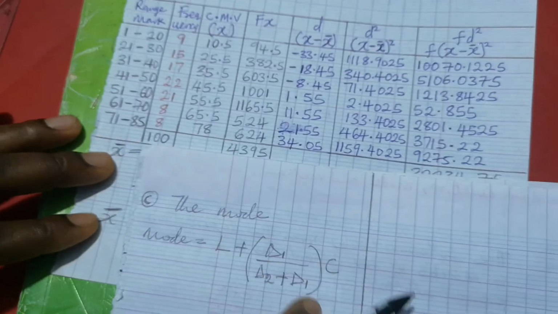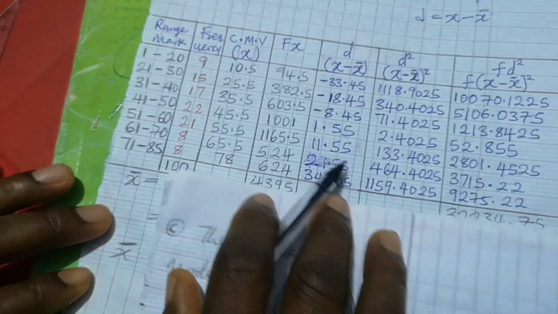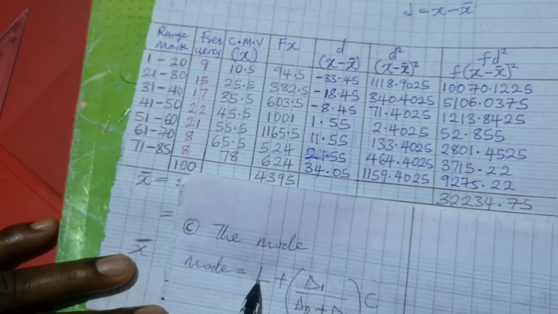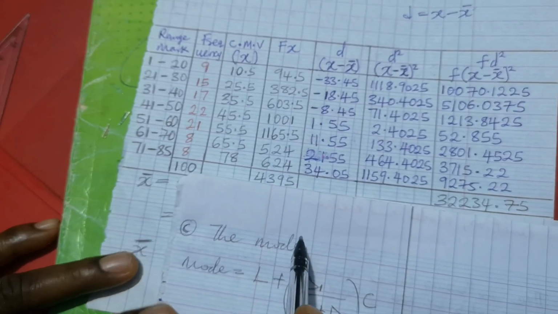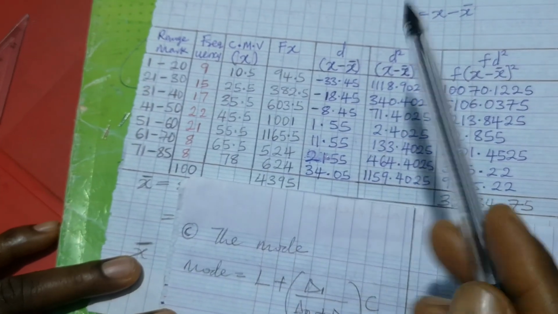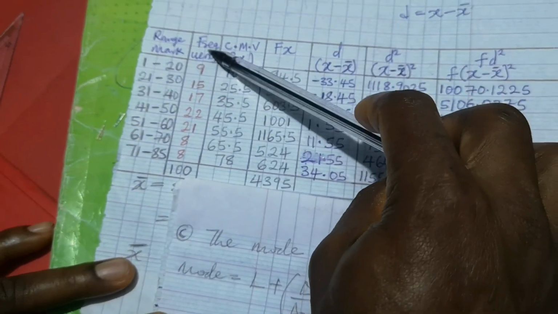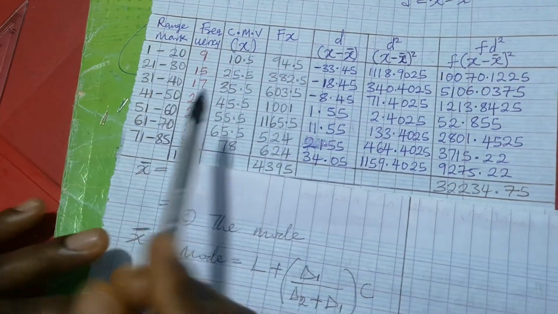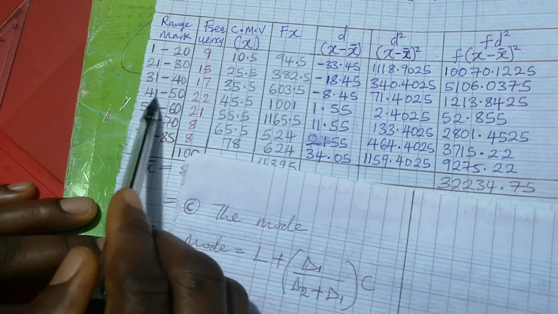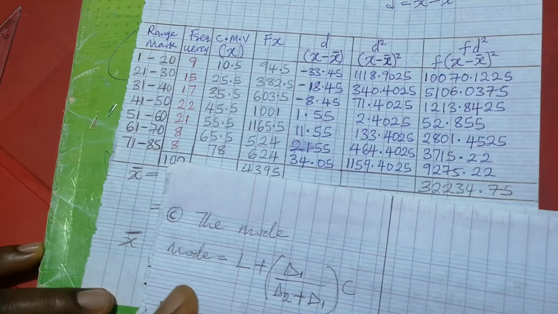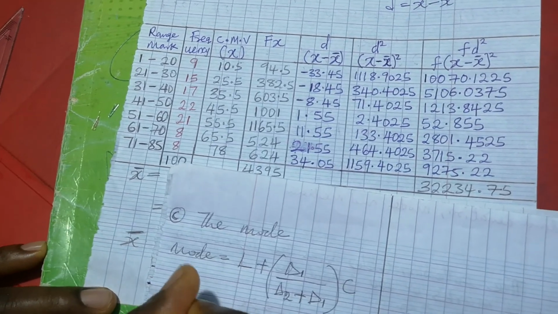Okay, so let's go to the table. The L is the lower class boundary of the modal class. First of all, how do we get the modal class? The modal class is the class with the highest frequency. So if you look at our frequencies here, the class with the highest frequency is this class 41 to 50.